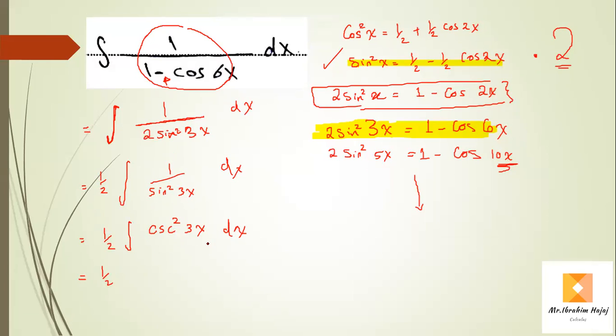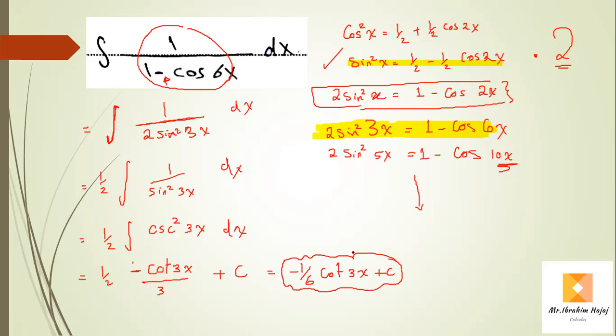And the integral of cosecant squared 3x, guys, is negative cotangent of the angle over 3 plus c. So your final answer is negative 1 over 6 cotangent 3x plus c, and we're gonna stop here.